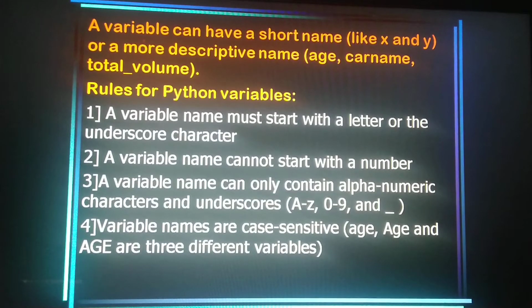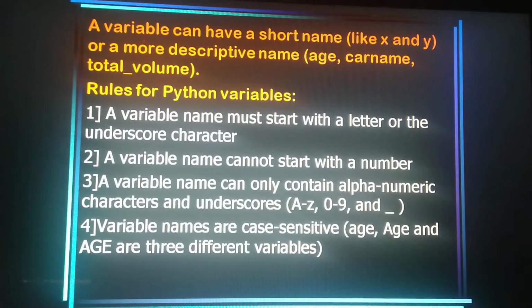For rules of declaration of variable, a variable name must start with a letter or underscore. First character of the variable name should be a letter or underscore. A variable name cannot start with a number. A variable name can only contain alphanumeric characters, either A to Z alphabets, 0 to 9 numbers, and underscore.